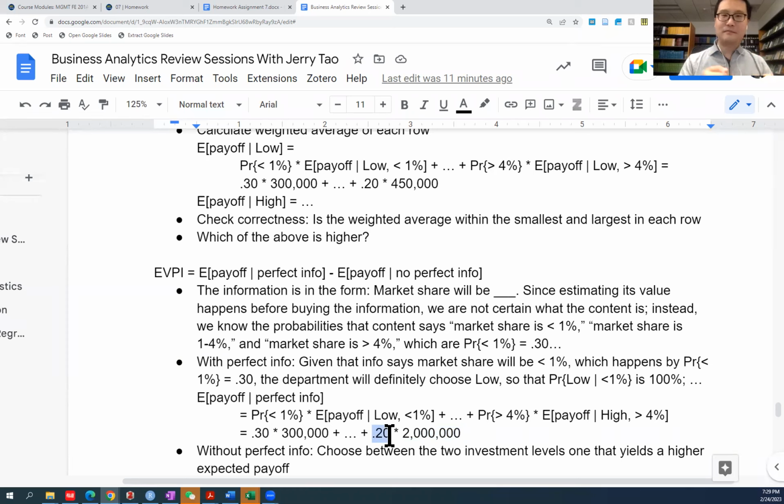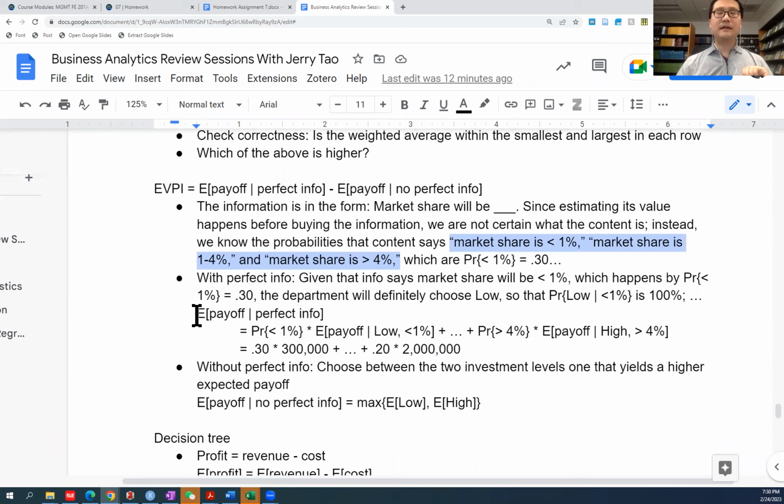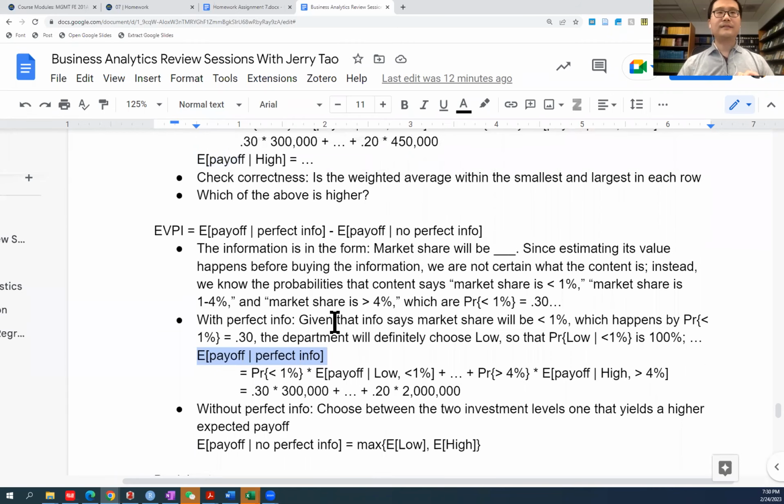So we assign some probability from previous knowledge about which of these 3 pieces of information content would come to us. So this is another version of expected payoff, under the condition that we have the perfect information, and then we compare these two.